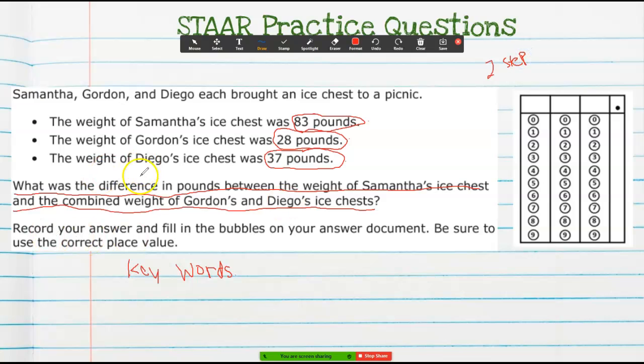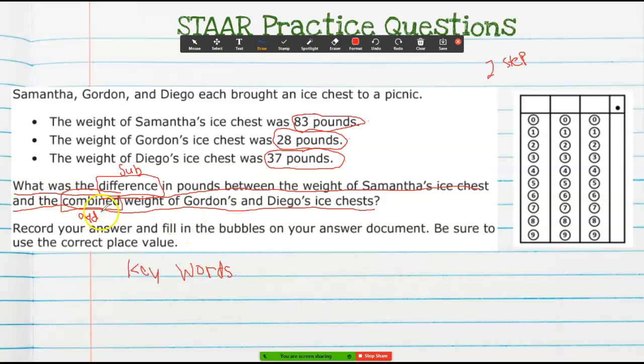Okay? So I have the word difference, and I know that difference means that I'm going to subtract. But I also have the word combined, which I know means that I'm going to add. So that means I'm going to add and I'm going to subtract.